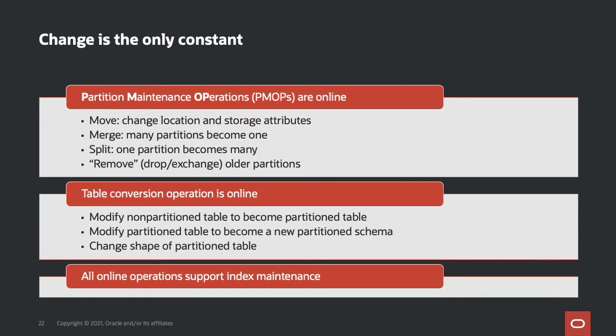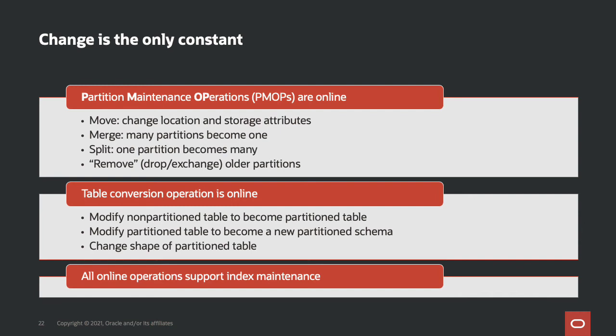If you have, for the example that I mentioned before, you're changing your requirement going from a quarterly analysis to a monthly or daily partition analysis, you can simply split a previous quarter partition into the individual days of that quarter, or to quote unquote remove older partitions from your system.